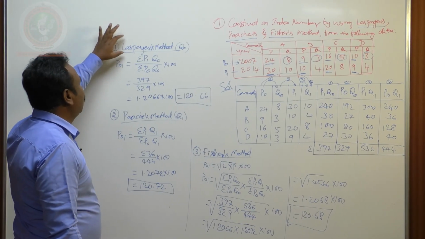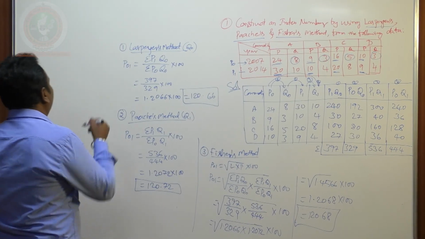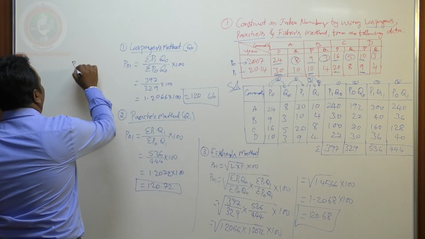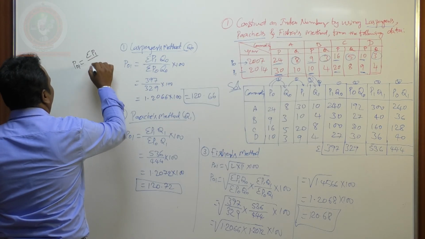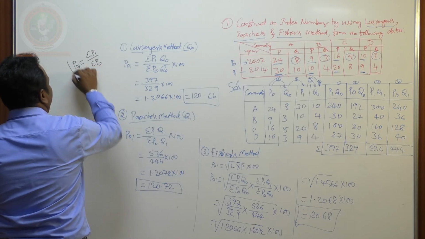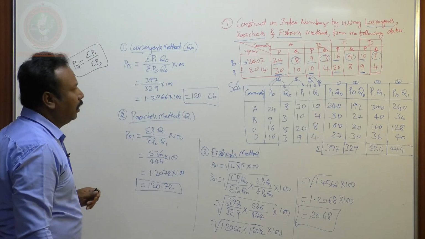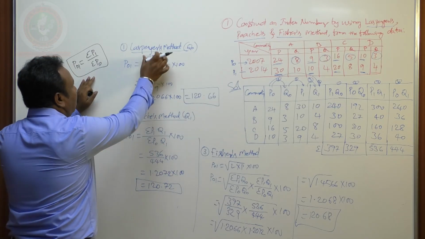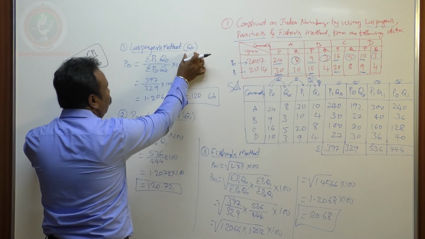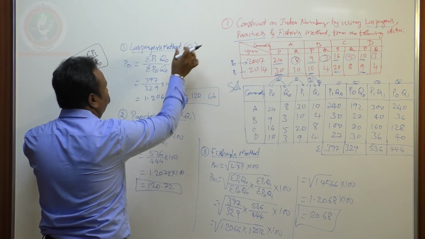So, the first method is the Laspeyres method. The index number formula is P01 equals sigma P1 divided by sigma P0. Based on that, the Laspeyres method gives importance to Q0, the quantity of the base year.